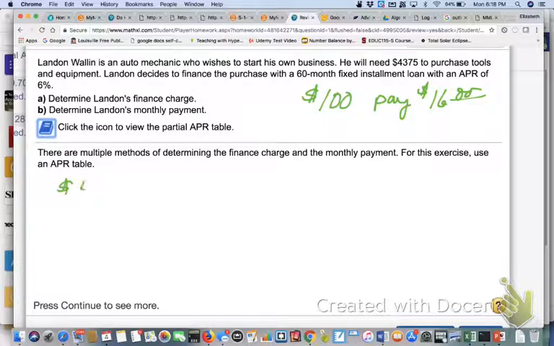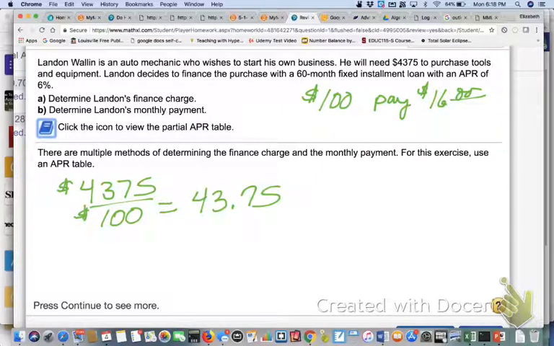So if he's borrowing $4,375, we're going to divide that by $100. So that means it's 43.75. So 43.75 sets of $16 is what he's going to have to pay back. Because if you take the total that he borrowed, divide it by the $100, you get 43.75.